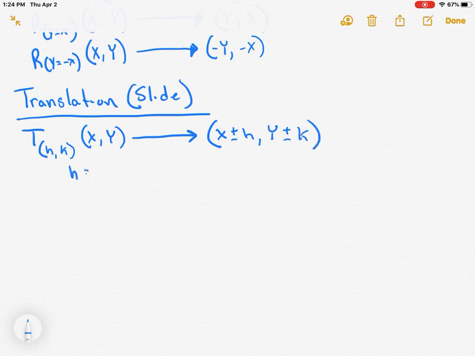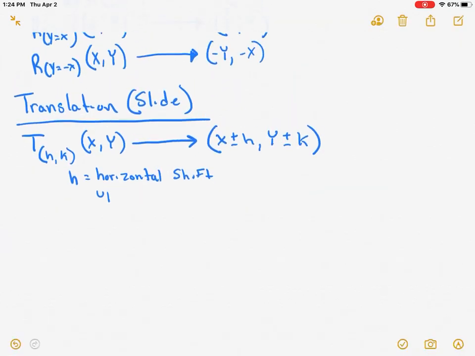Remember, h is the horizontal shift, and k is our vertical shift, right?